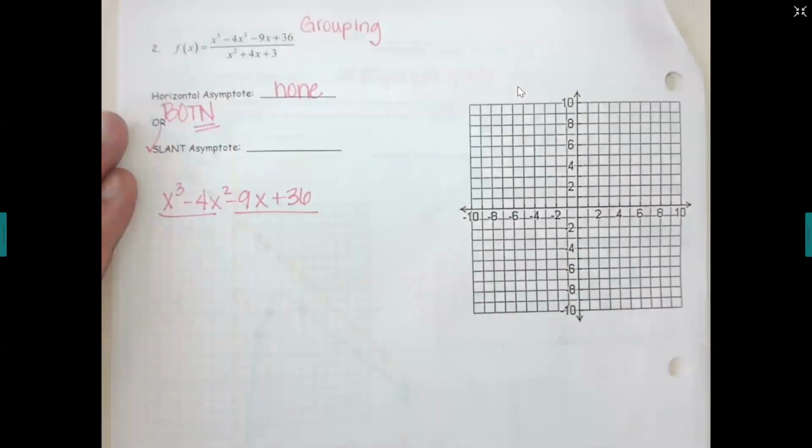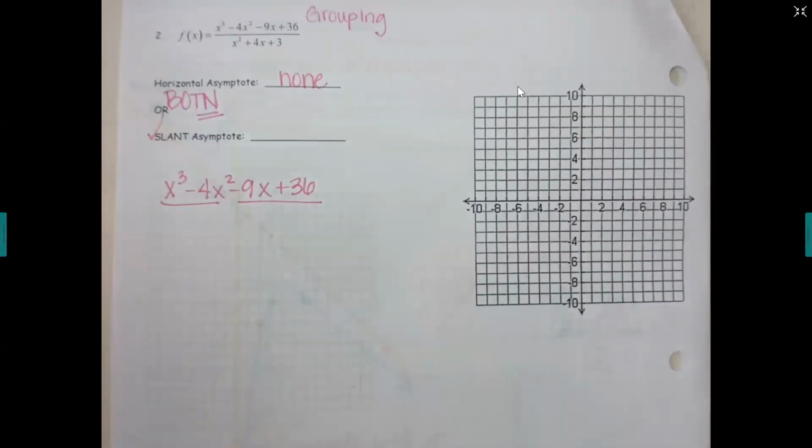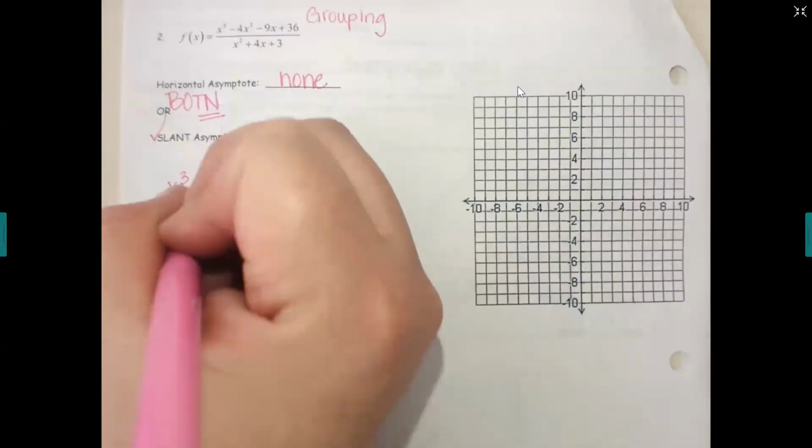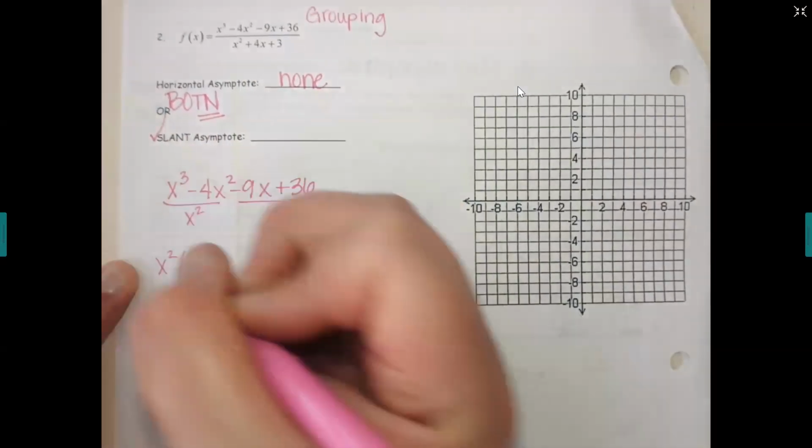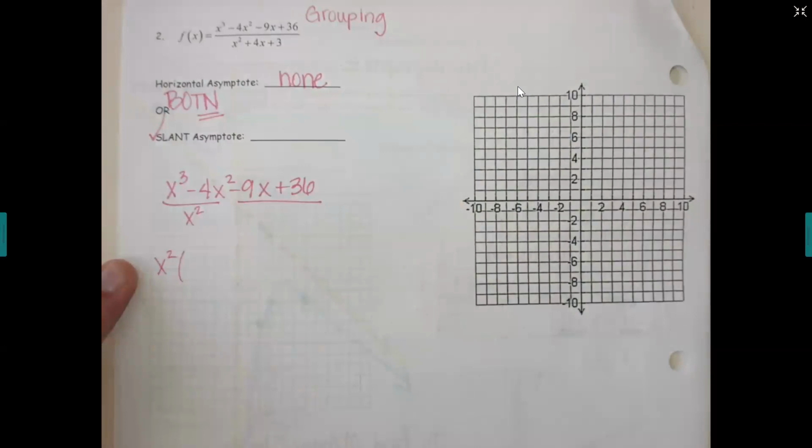Group. Okay, remember, you only do grouping when there's 4 terms. Okay, so first partners, what can I take out? Correct, x squared. What's left over when I pull out the x squared? X.